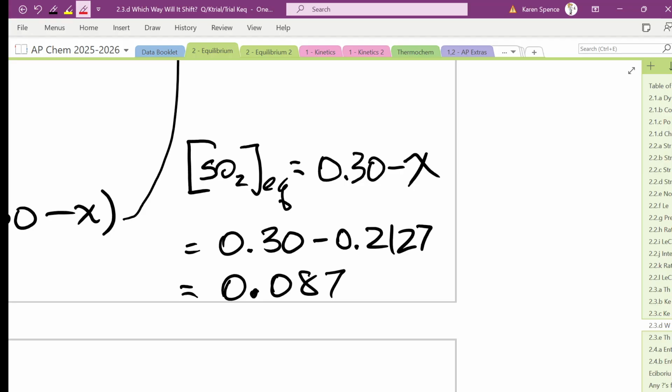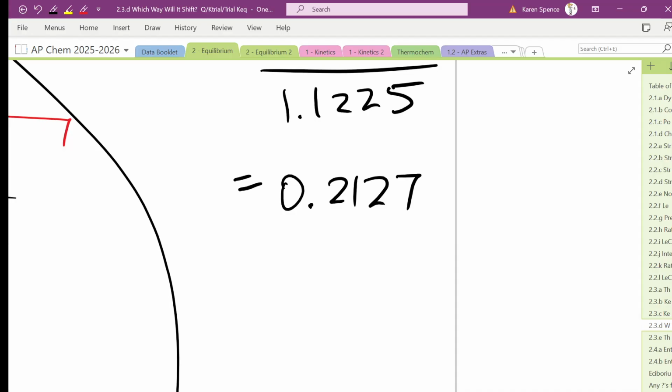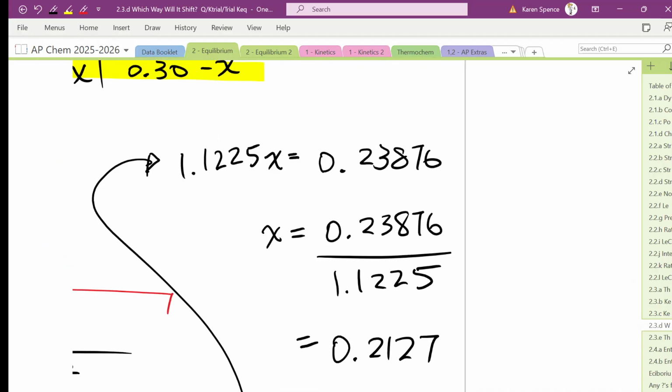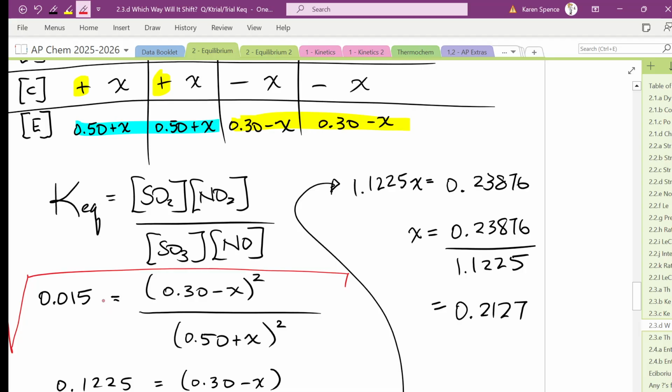What is our uncertain digit in 0.30? The 0. And in the 0.2127, that came from a bunch of numbers which had 2 sig figs, right? So this was all multiplication and division and nonsense. So this should have 2 sig figs here.